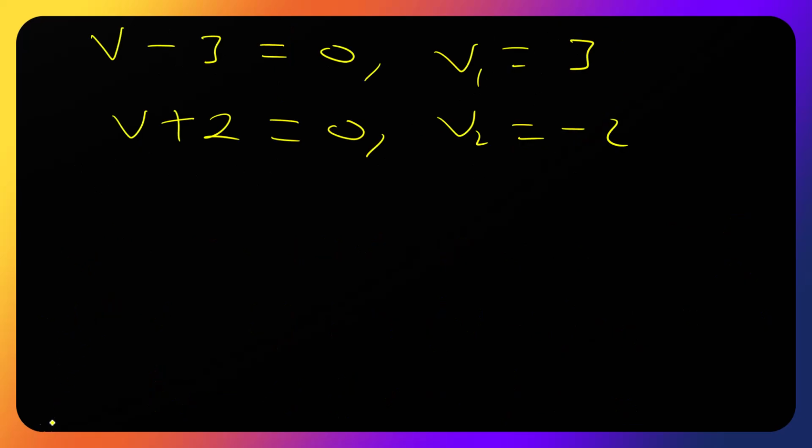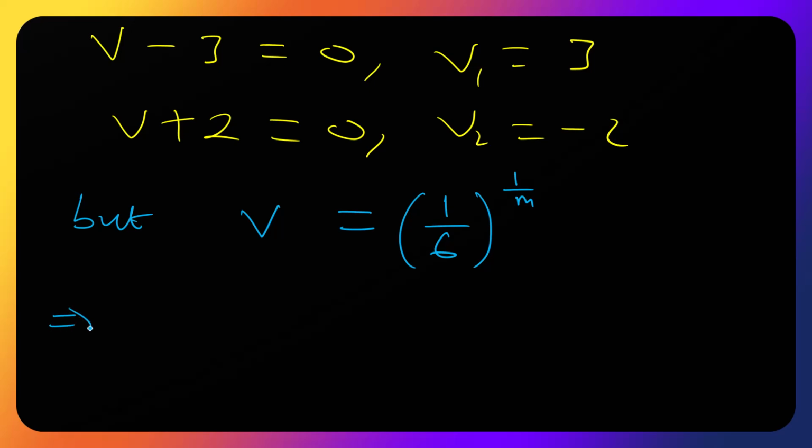v is (1/6) raised to 1 on m. So to find m, we have to bring this part down by taking log on both sides. So that would be log v equals log of (1/6) raised to that.